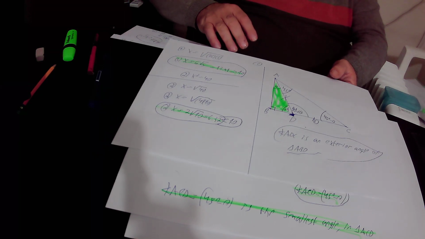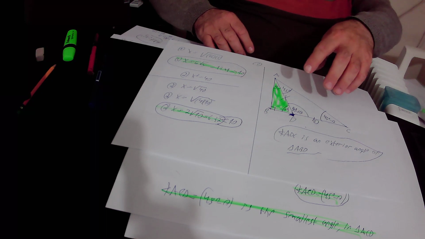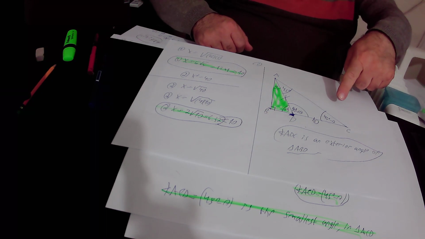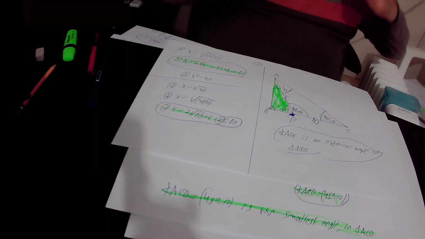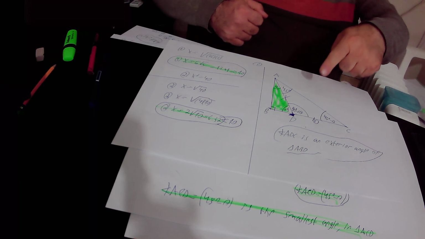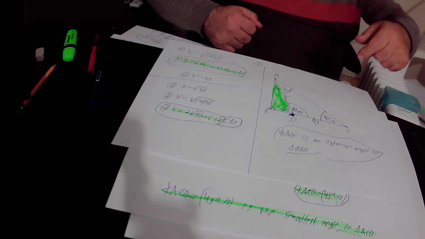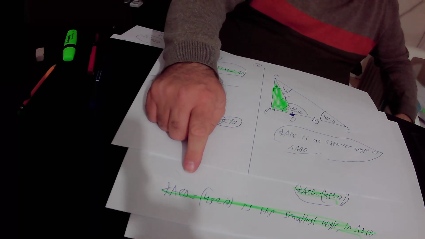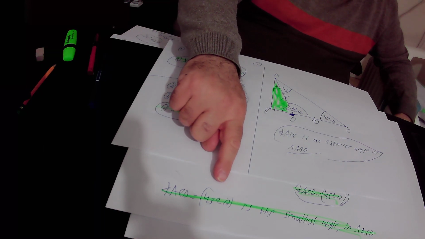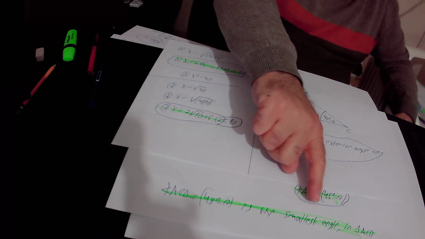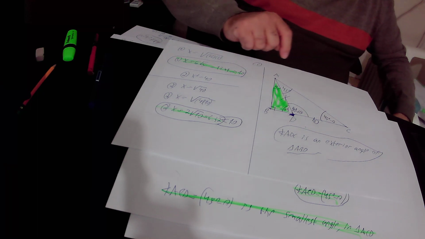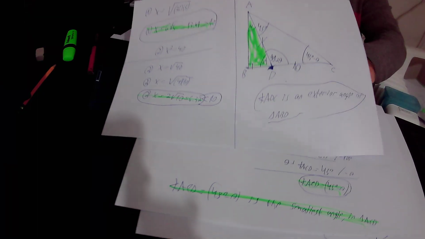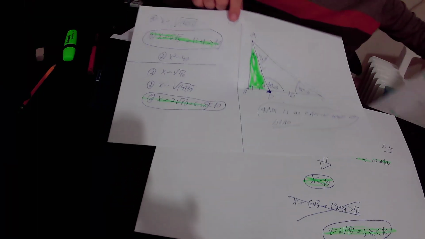So you can see from the drawing that this angle, angle ACD, that is equal to 45 degrees minus theta, is the smallest angle in triangle ADC. Okay?